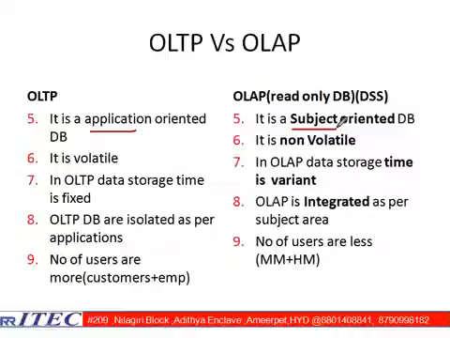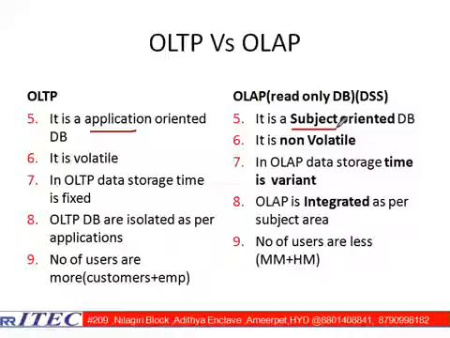Now coming to the data warehouse. How many data warehouses will be there in any client, sir? Only one. That is the reason data warehouse is also known as EDW. EDW stands for Enterprise Data Warehouse. Some companies have recently changed their names also.